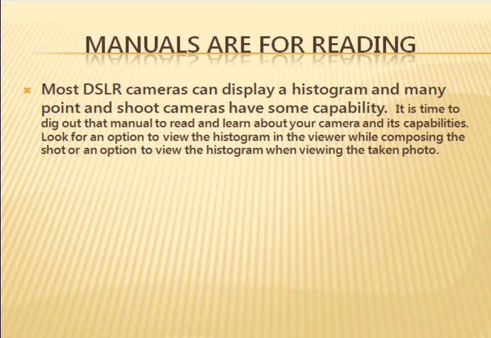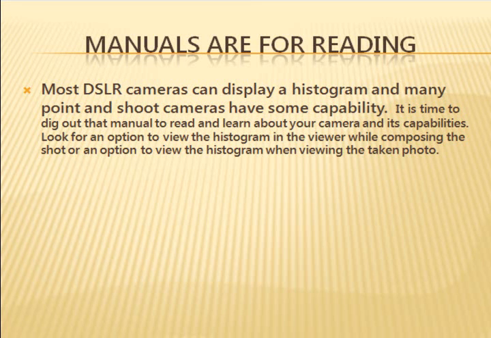In the videos that I'll be sharing here in this lesson, I'll be sharing my DSLR and my point-and-shoot cameras, but they're not going to be exactly like your camera. And so your job is to learn about your specific camera and to look for these things that I share with you in this lesson on your own camera.